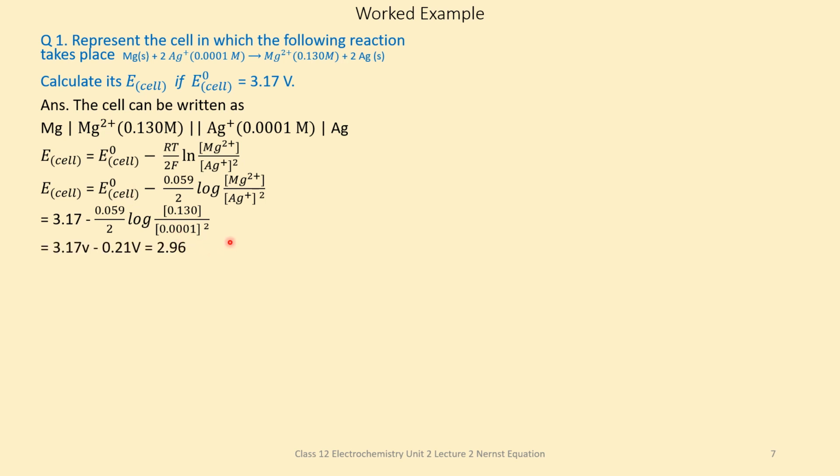Therefore, simplifying, we get 3.17 volts minus this value, which becomes 0.21 volts, that is equal to 2.96.